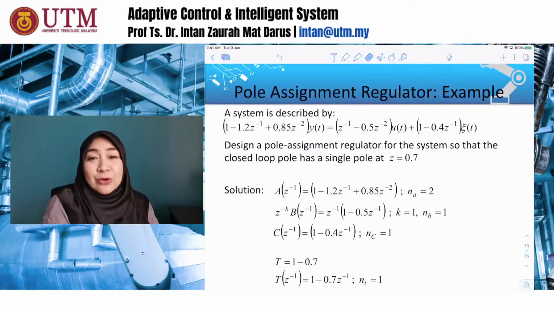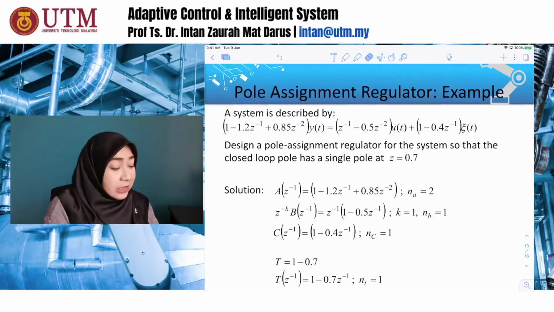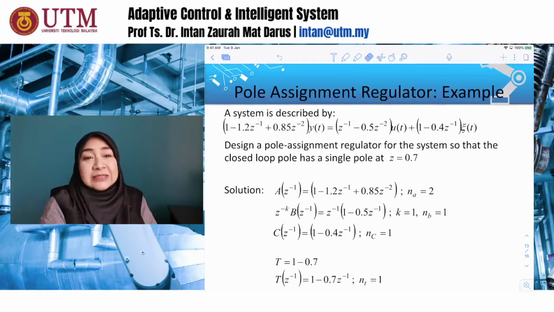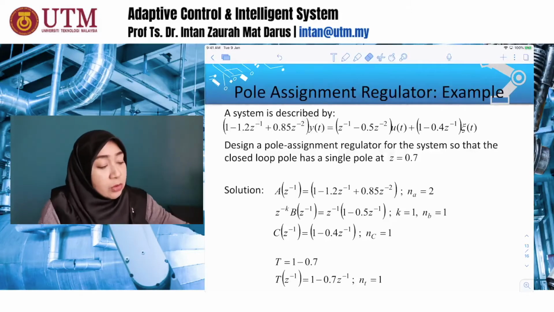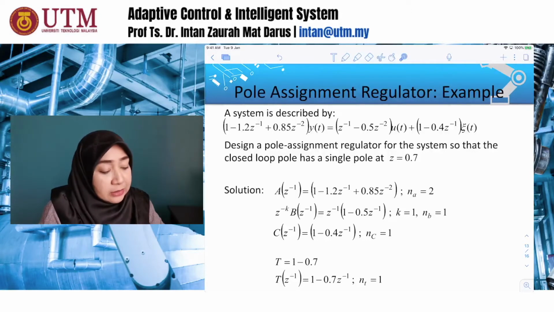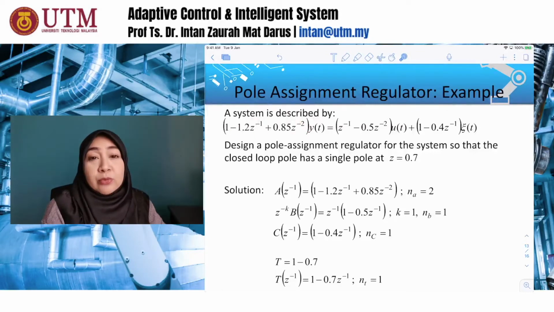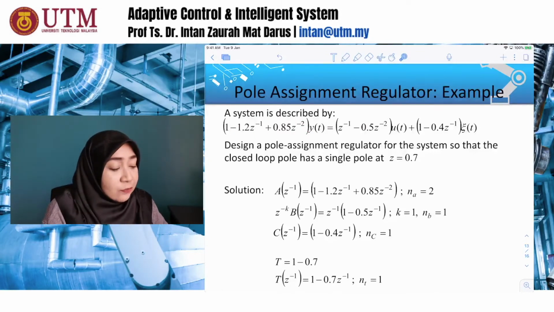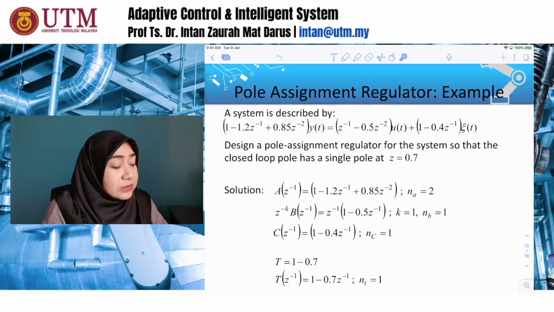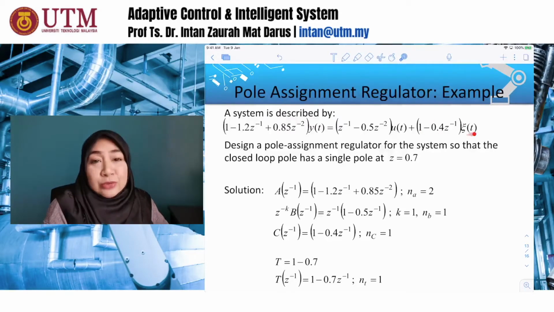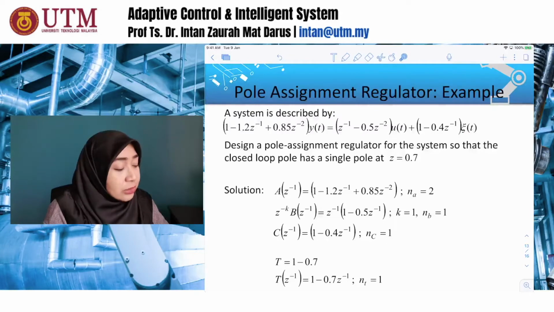Alright, let's have a look at an example of how to use your pole assignment regulator. Let's have a look at this system. Let's say this system is described by the following equation, where we have your polynomial A multiplied by your output Y, equivalent to polynomial B, which also has some delay, you can see that, multiplied by your input U, plus polynomial C multiplied by your noise, making this noise not completely white noise.